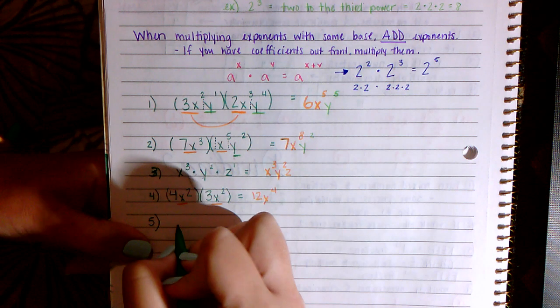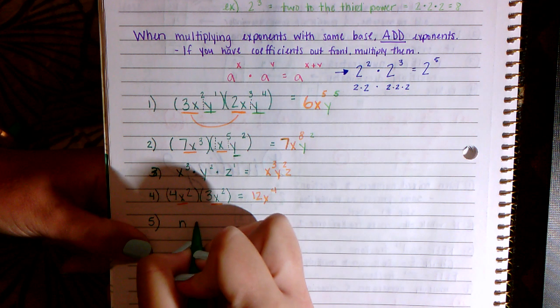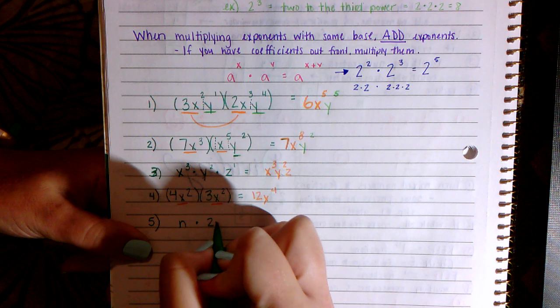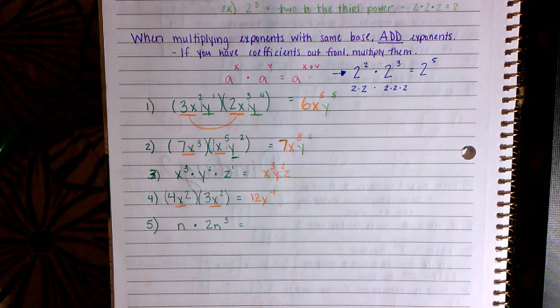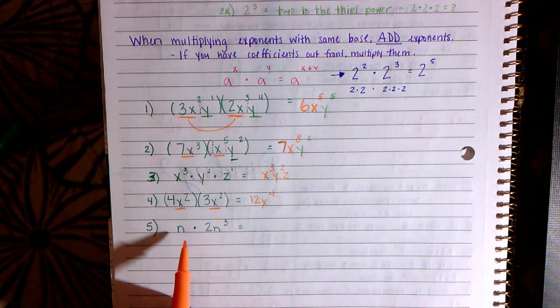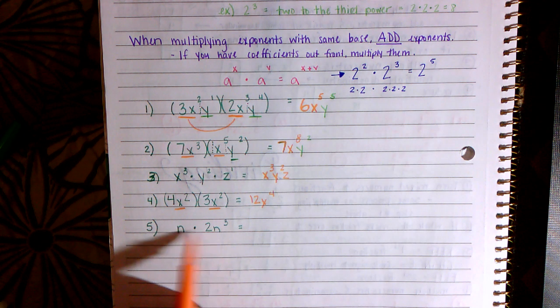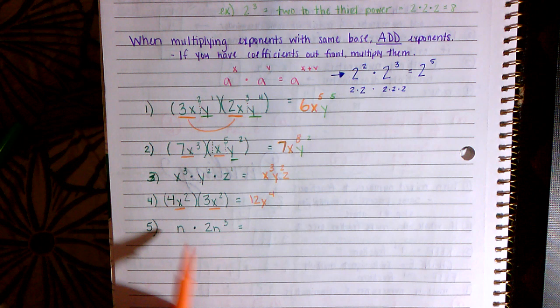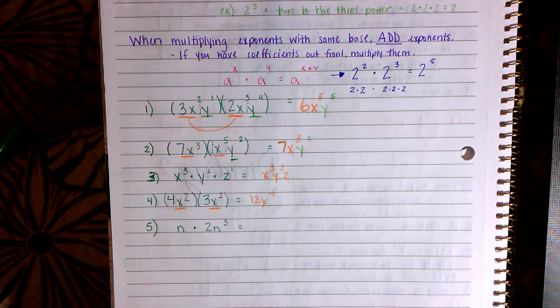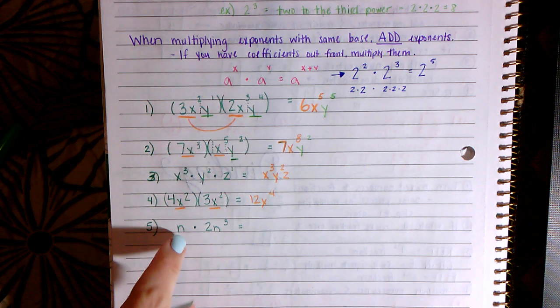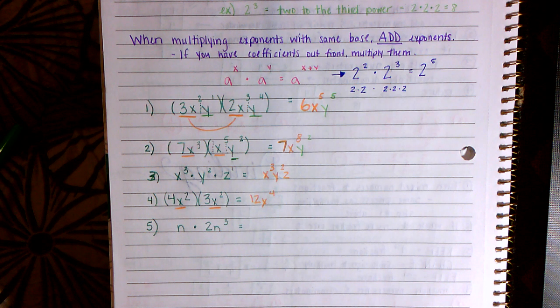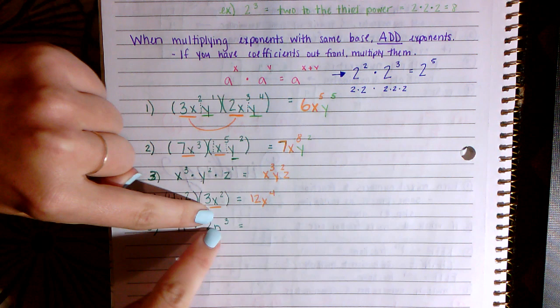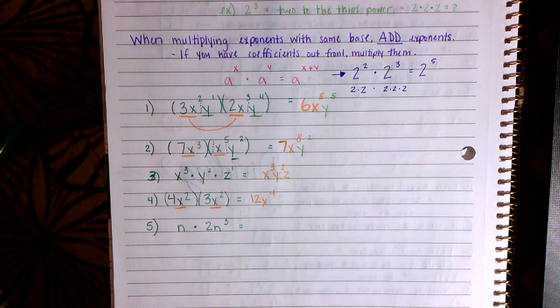Here's another trick one. n times 2n to the 3rd. Okay, so we're only talking about n. This is the same base, so I can combine them. Some people would write this as 3n to the 3rd, because you would just add this n to these 2n's. But this is not addition.